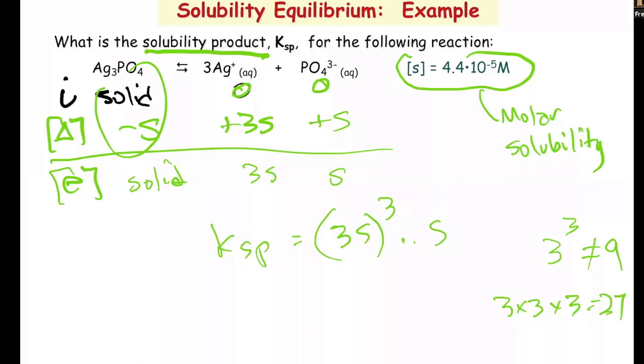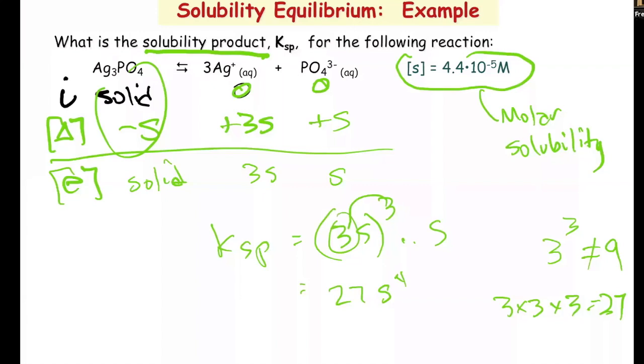Okay, so I'm trying to alert you of common mistakes I've seen in the past. 3 cubed is not 9. 3 cubed is 27. So this is actually 27 S to the fourth. Okay, this is 27 right here, and then there's an S cubed, and then you multiply it by S, so it's 27 S to the fourth.